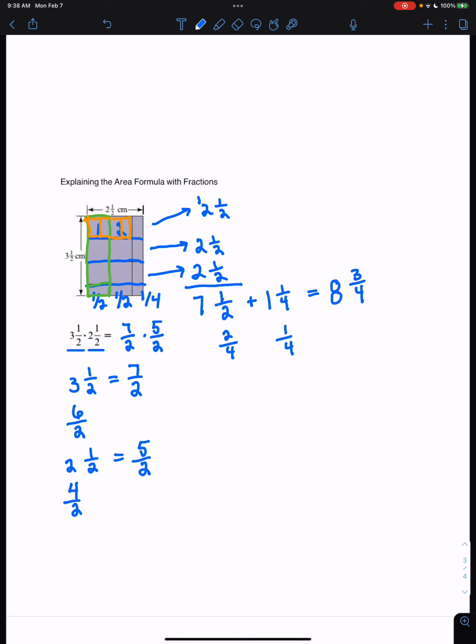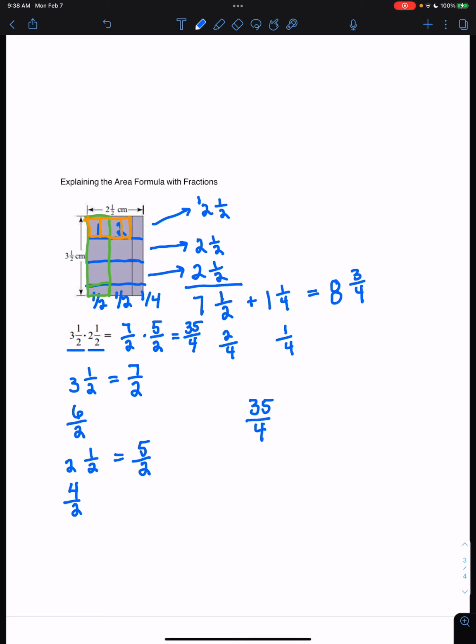And when we multiply fractions, we multiply everything in the top or the numerator and then everything in the bottom. So we end up with 35 fourths. That's good news because we're going to end up with fourths over here in just a minute. But let me move this down here. 35 fourths.